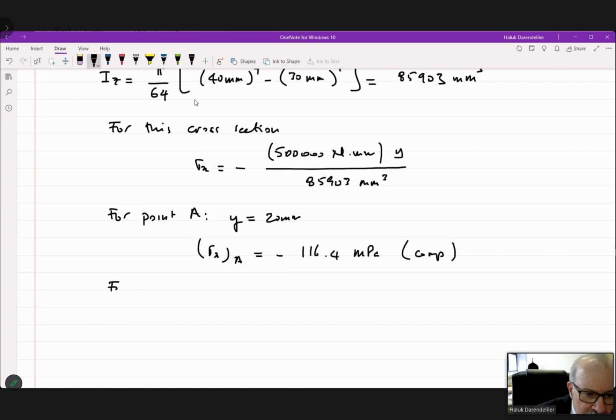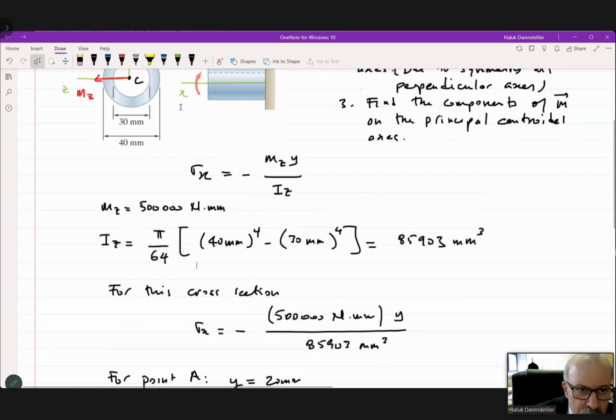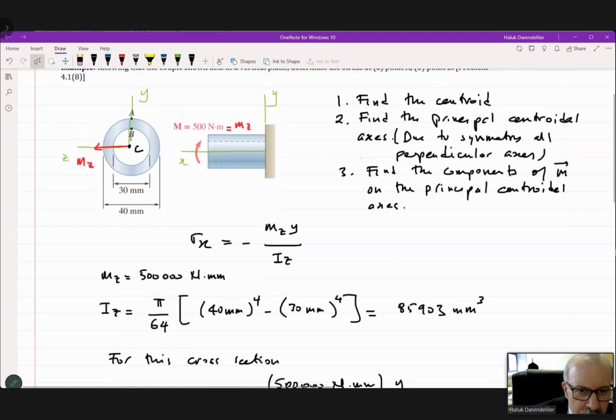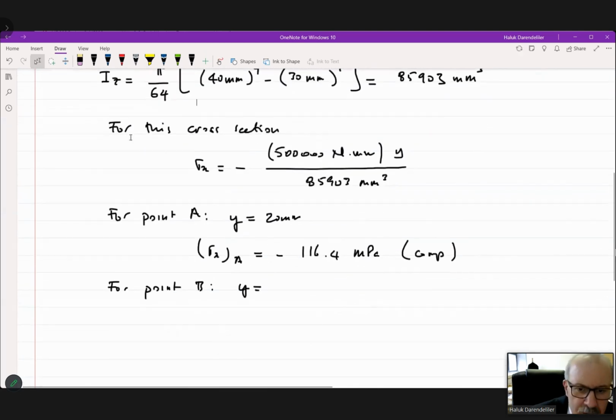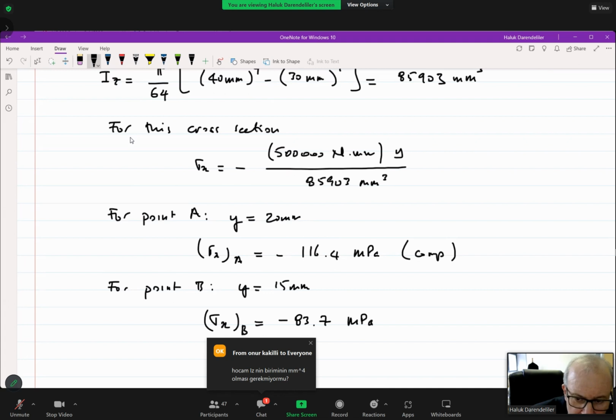On the other hand, for point B, y is equal to 15 millimeters. Just put it in the above equation. So the normal stress x at point B, obviously smaller than that, is equal to minus 83.7 megapascals. So a lower stress, which is again in compression.